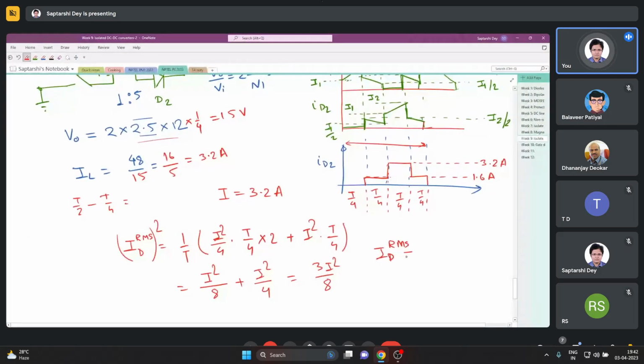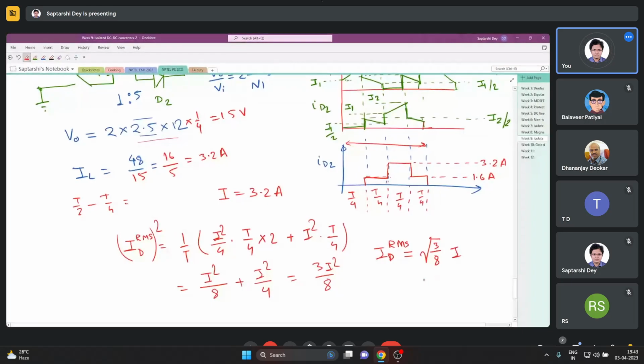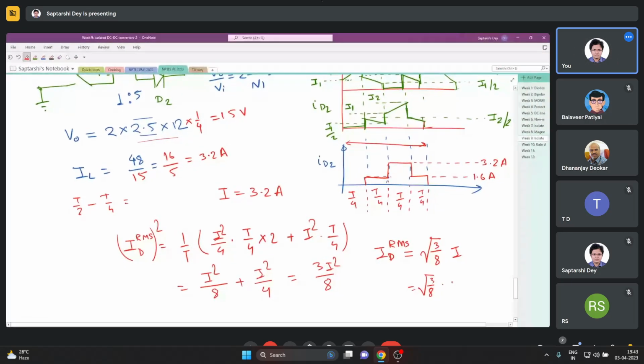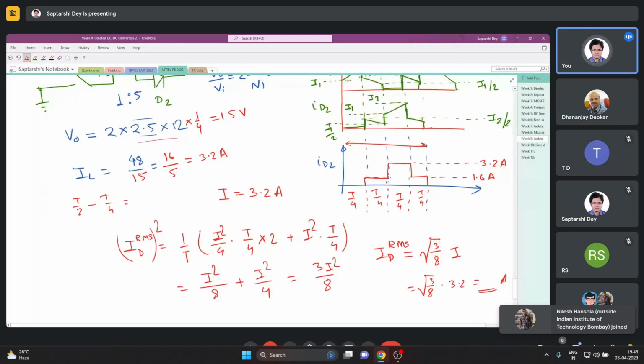Please check if I am making some mistake in calculating RMS. Then that will be a blunder. id RMS is nothing but square root of 3 by 8 I. Whatever it is, it is. This is correct, no?